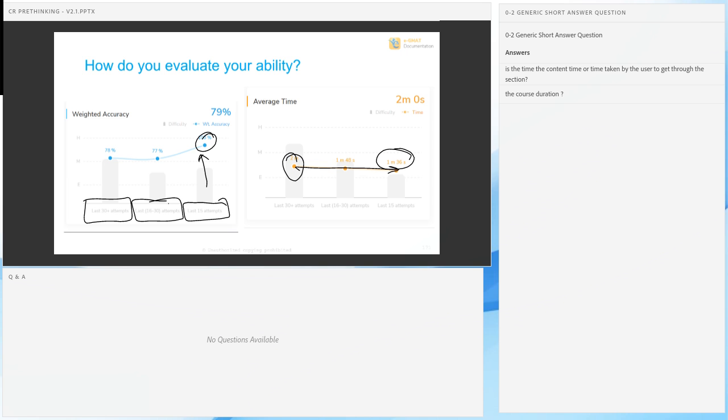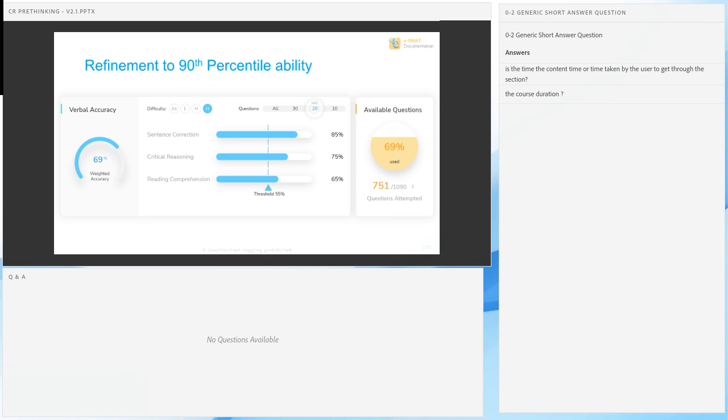That, I think, is very, very powerful. Once you do that, that's when you can refine to 98 percentile ability. Here you can see this is a 3D chart of hard questions. This is the person's accuracy in hard questions, and this is a V44 student overall.